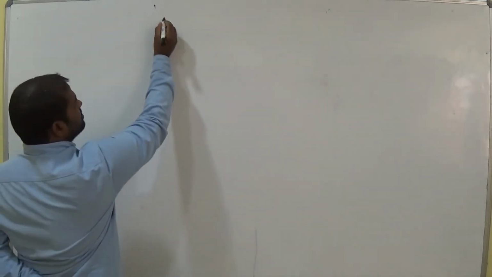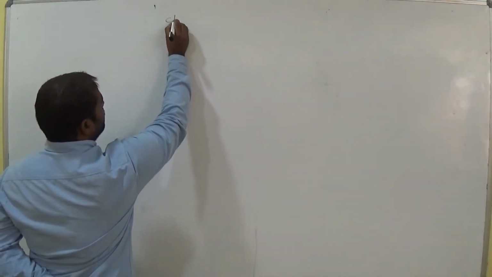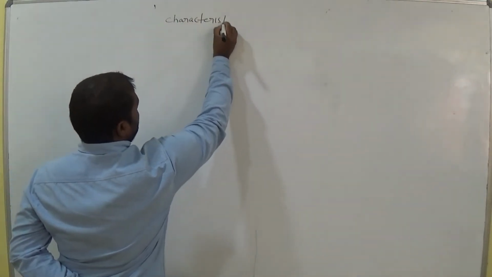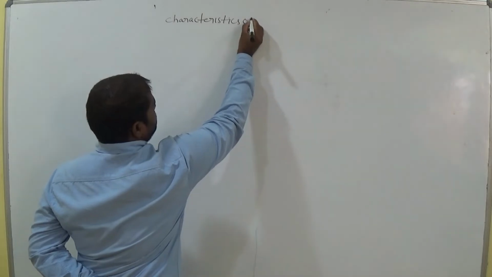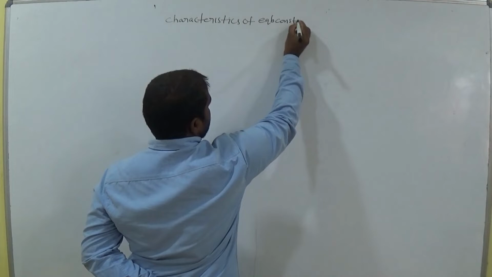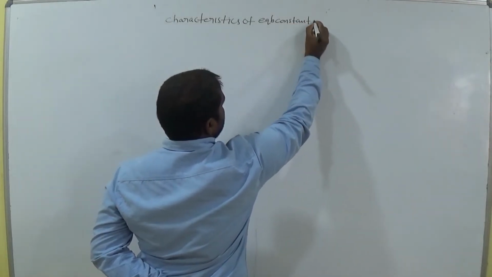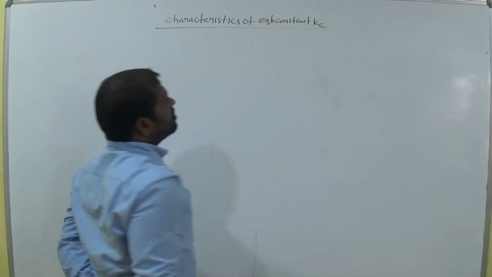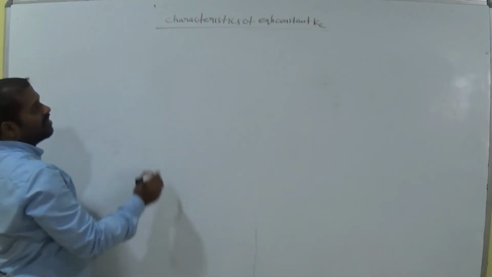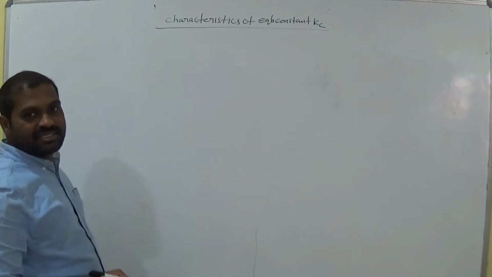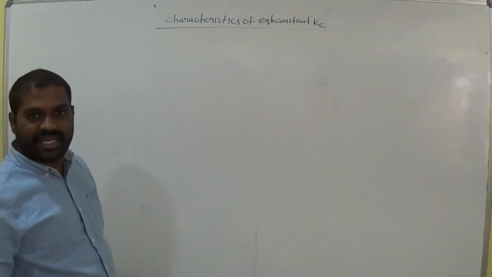The next topic is characteristics of equilibrium constant Kc. Here we have two factors which affect the equilibrium constant Kc.